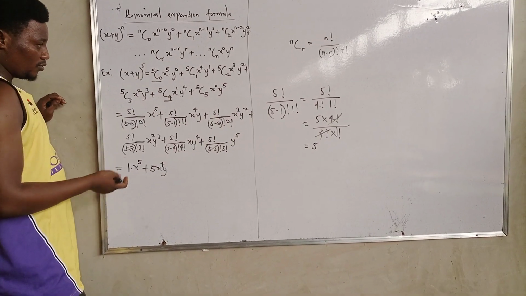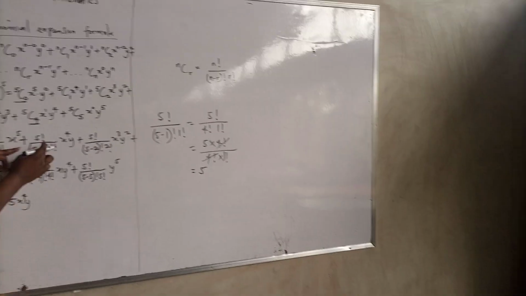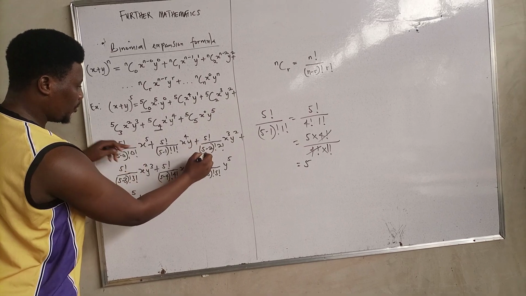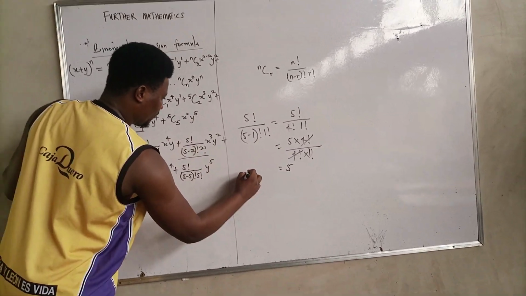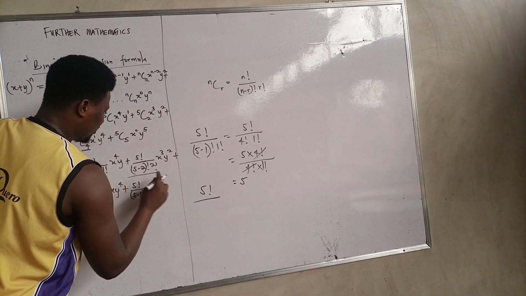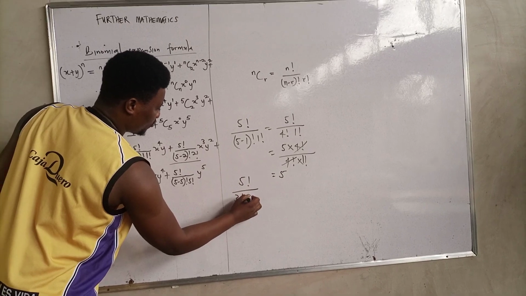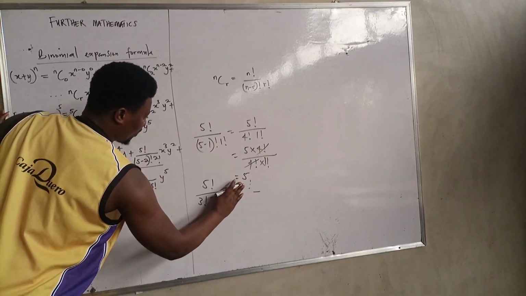5x raised to power 4 y, plus, we are here now. 5 factorial over 5 minus 2 factorial, that is 3 factorial, then with this 2 factorial. Okay, let's reduce 5 factorial.